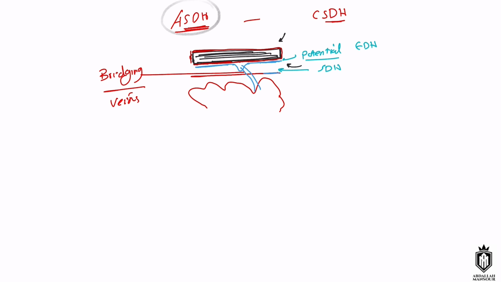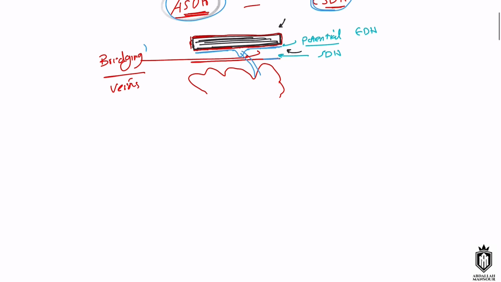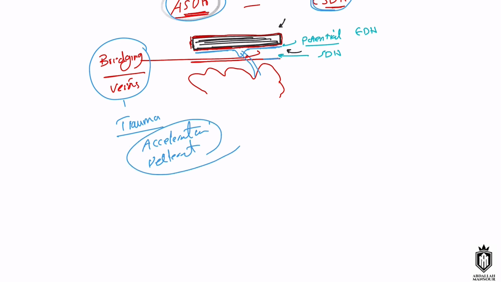These bridging veins might disrupt and cause either an acute subdural hematoma or a chronic subdural hematoma. The disruption of the bridging veins can happen due to trauma, and this will lead to the acceleration and deceleration movement.